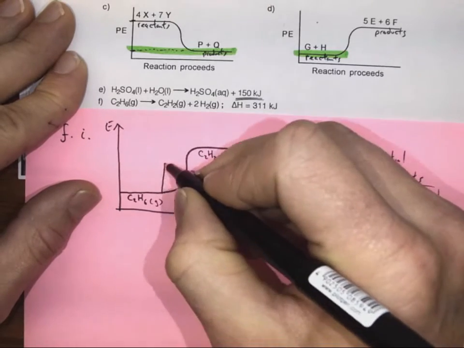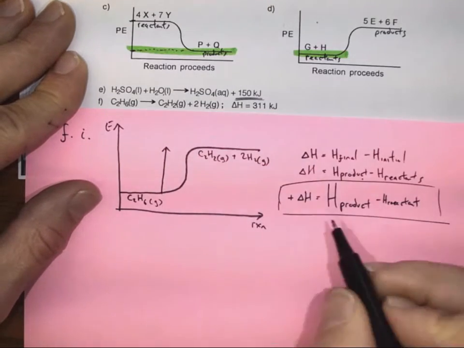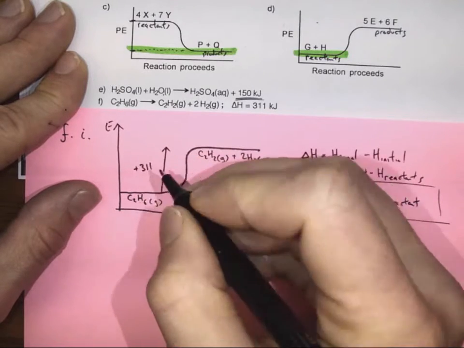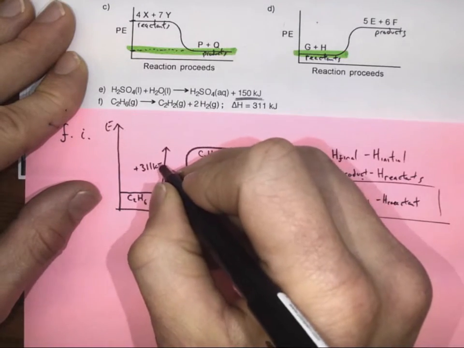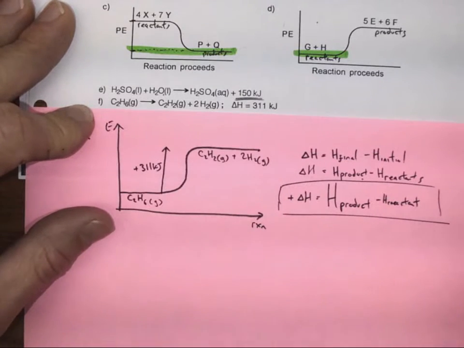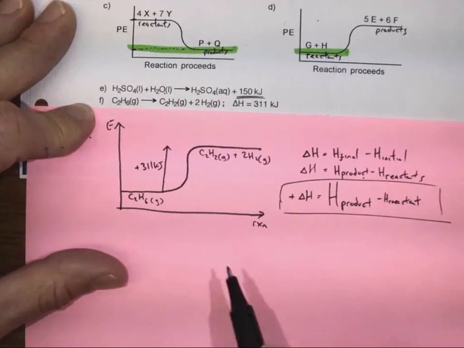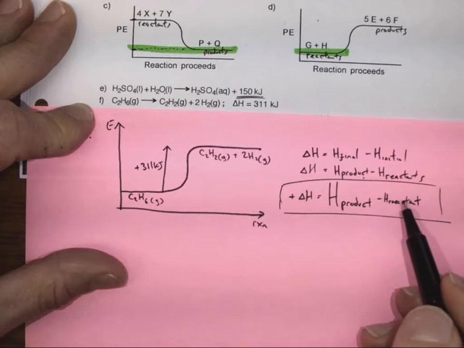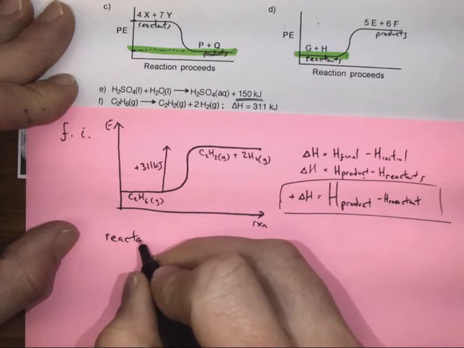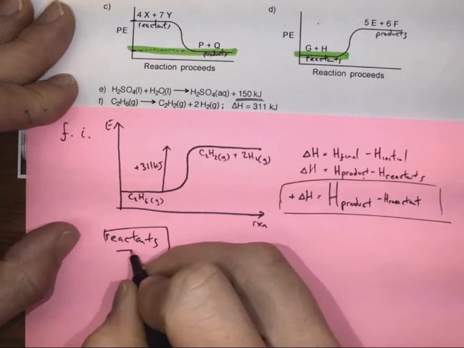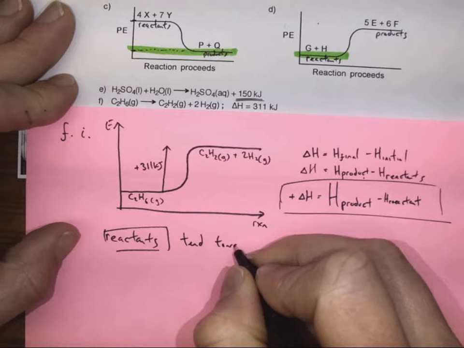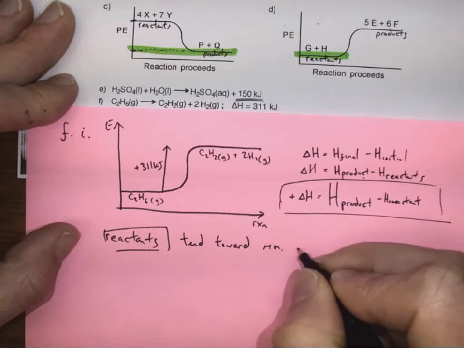These molecules are sucking in energy from the system, so another 311 kilojoules of energy gets stored in the bonds of these molecules. We have a lower enthalpy in the reactants, and they tend toward a minimum enthalpy.